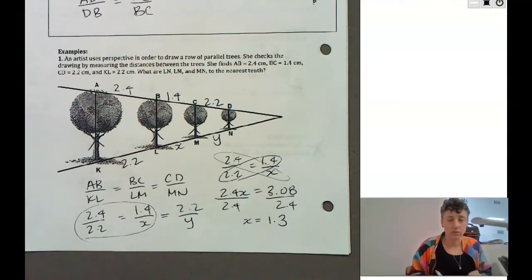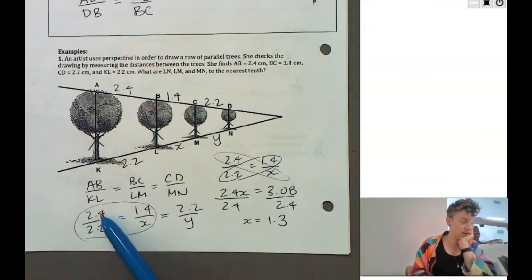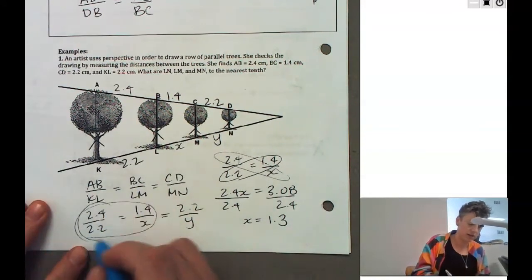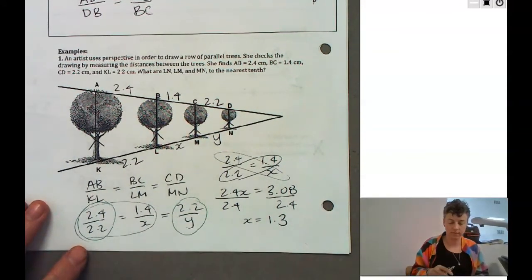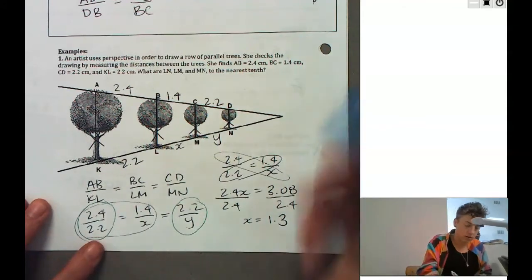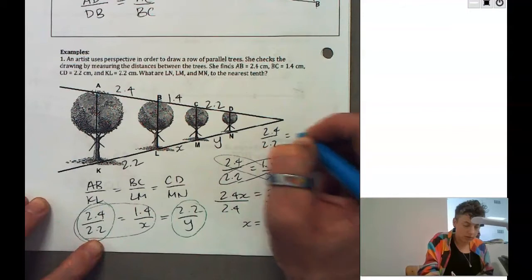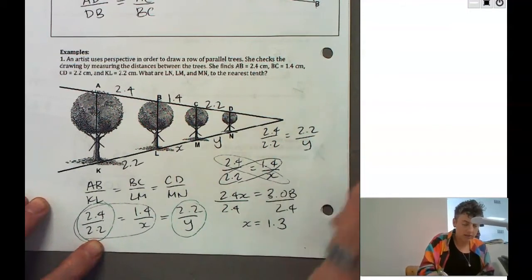And now we've got to solve for y. We can use this ratio right here, and this one right here. So solving for y, that one's going to equal that one. So 2.4 over 2.2 is going to equal 2.2 over y.